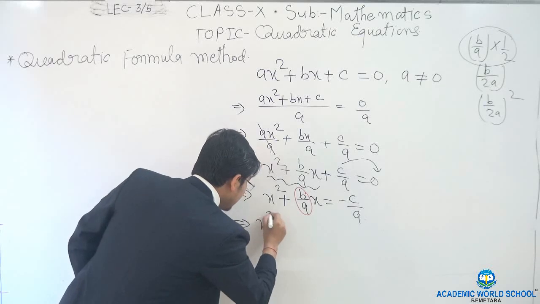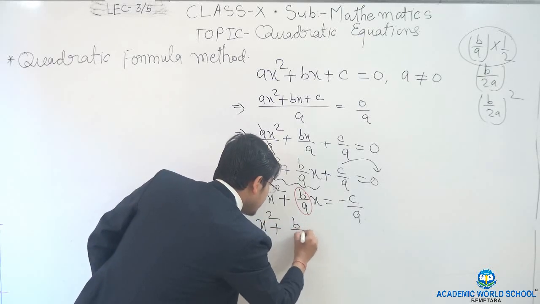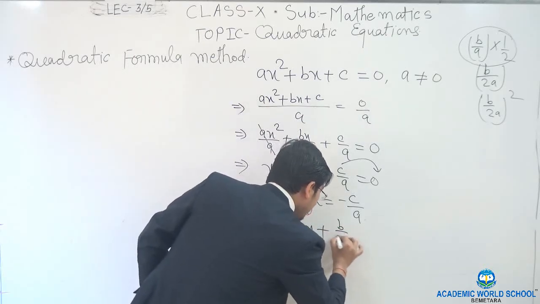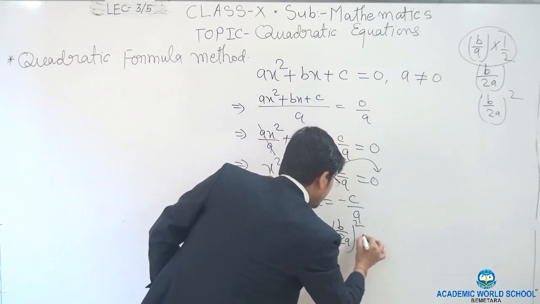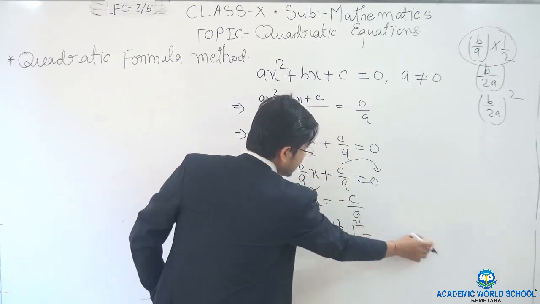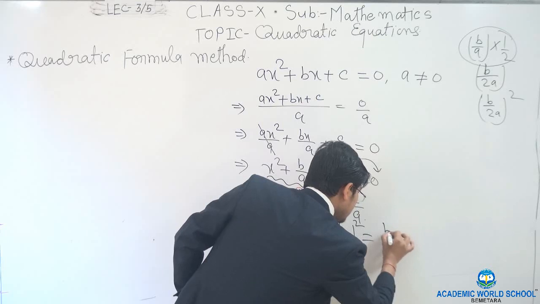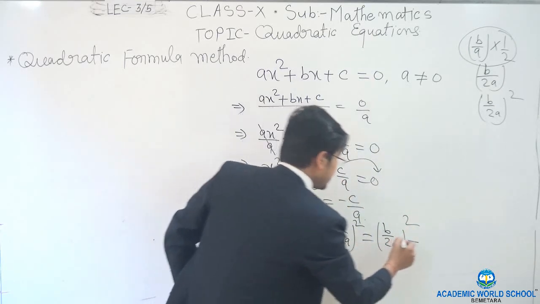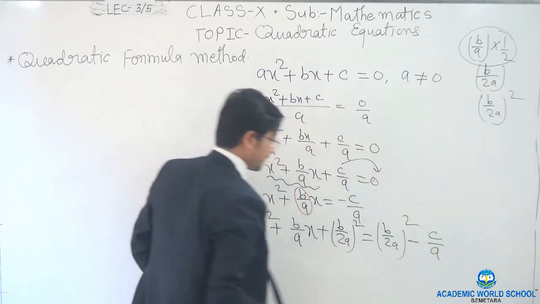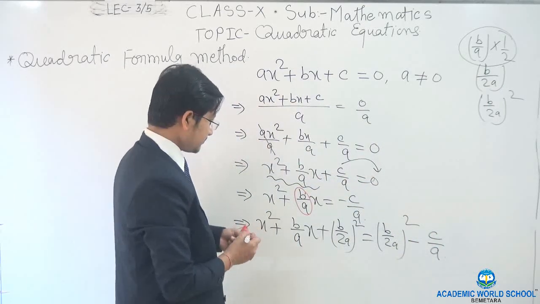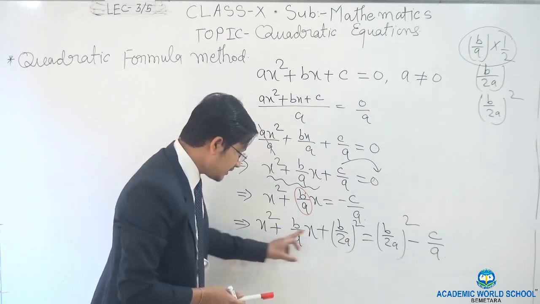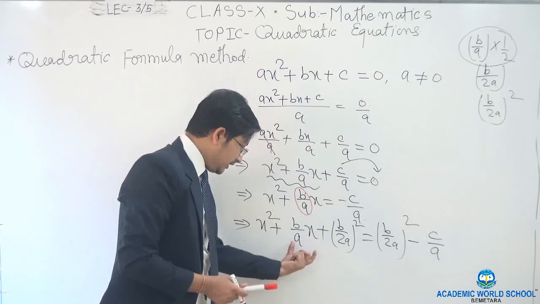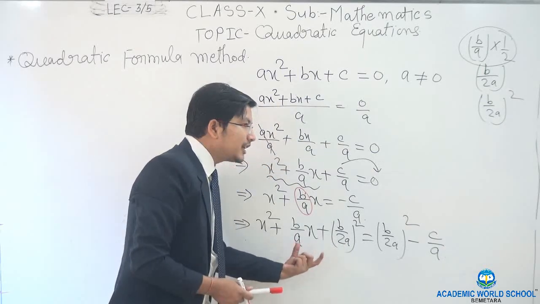So this will be x square plus b upon a x plus b upon 2a whole square. Similarly we add on the right hand side also, so this will be b upon 2a whole square minus c upon a. Now this is a square, this is b square, and the middle term should be 2 into a into b.